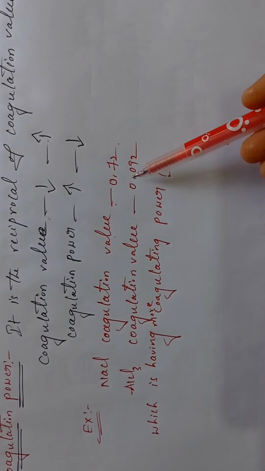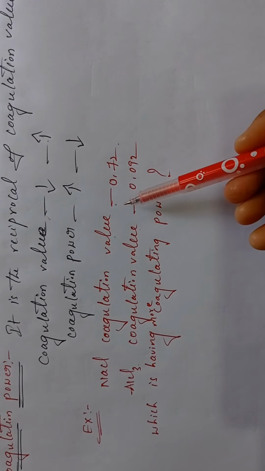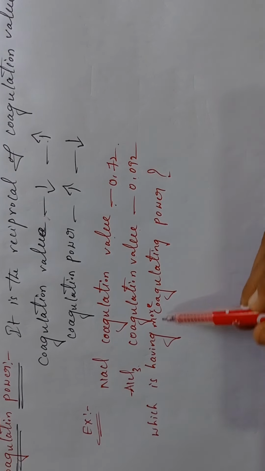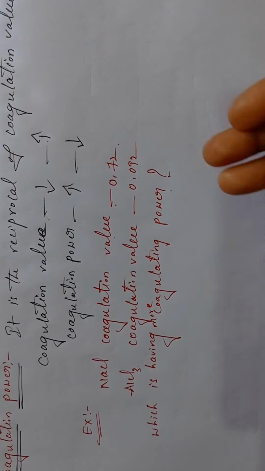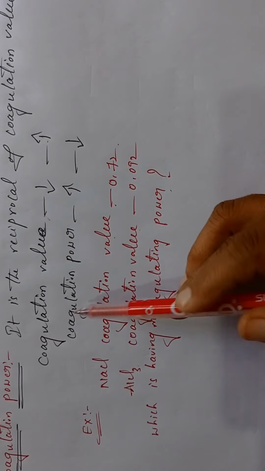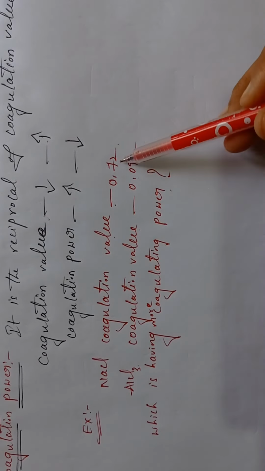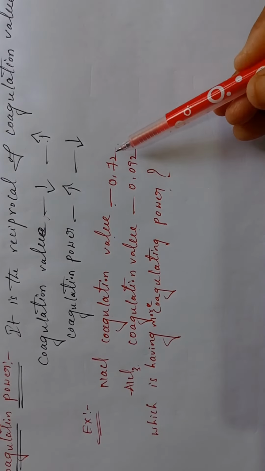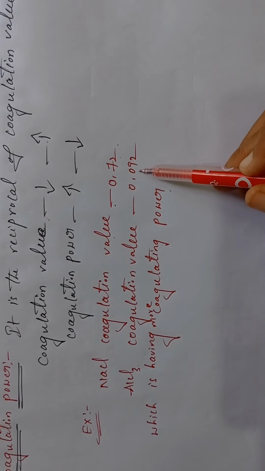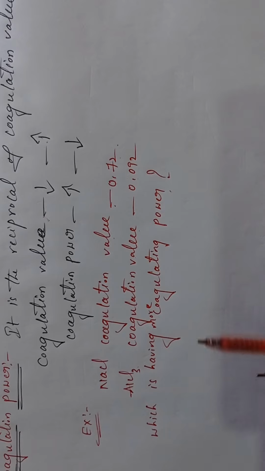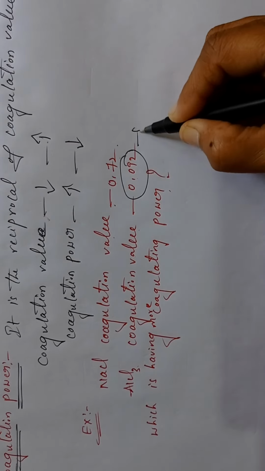The question is which is having the more coagulating power. That means coagulation value should be less. So if you observe NaCl and aluminum chloride, the coagulation value which is small, students, is 0.092.